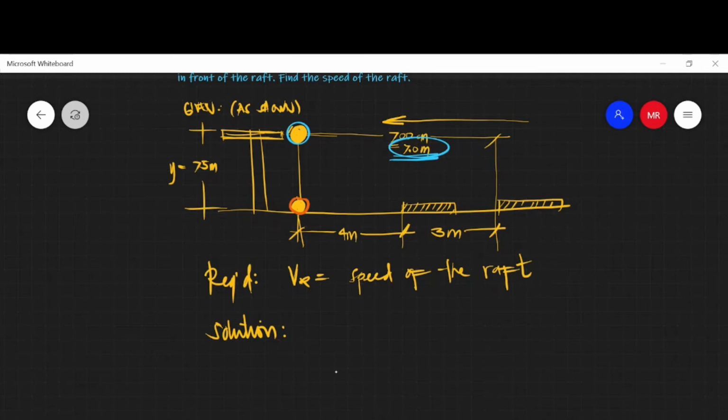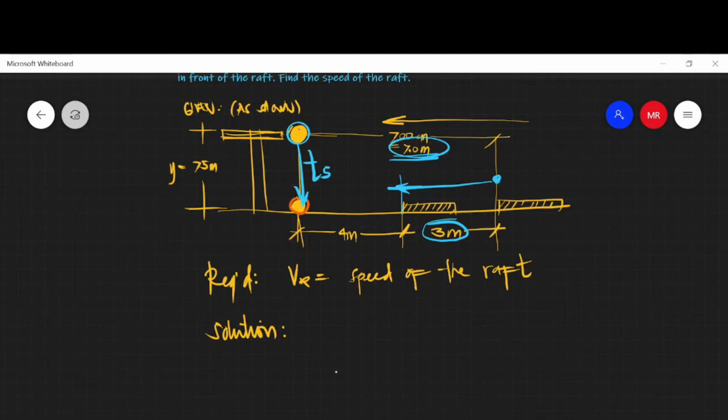If we analyze the time of the stone going down, let's say TS, the time of the stone going down is equal to the time that the raft traveled from this position going to this point, and during the travel, the raft already traveled a distance of 3 meters.